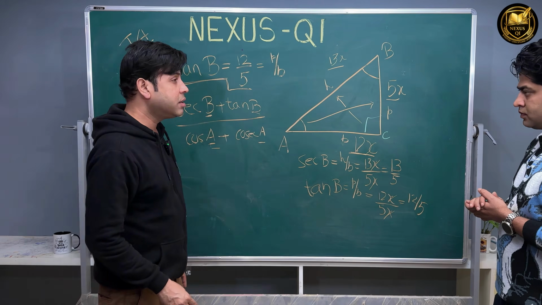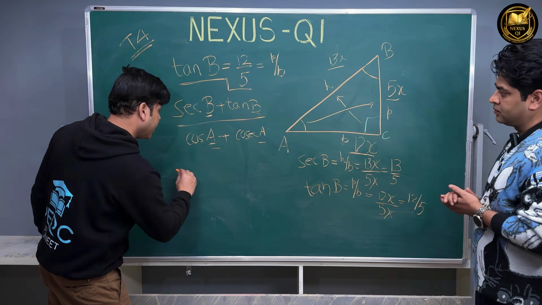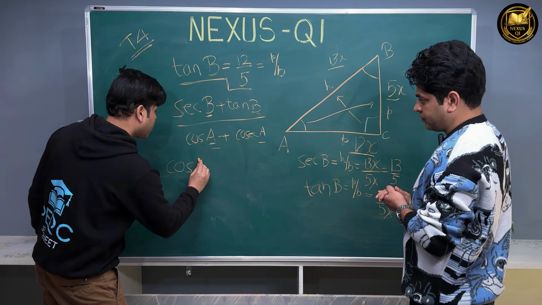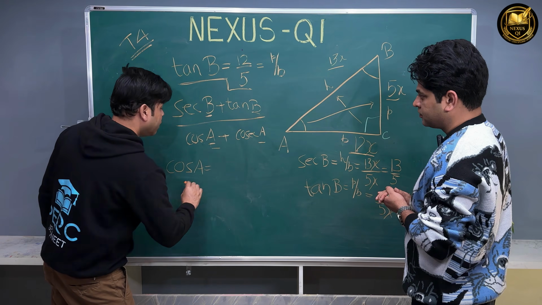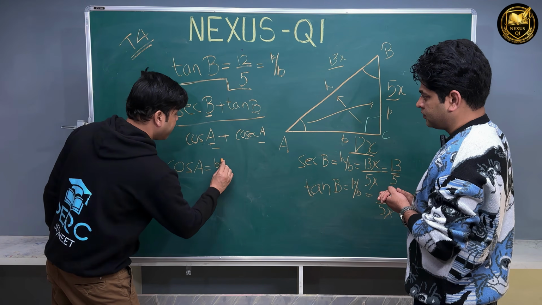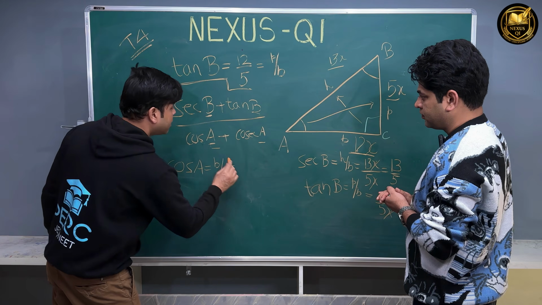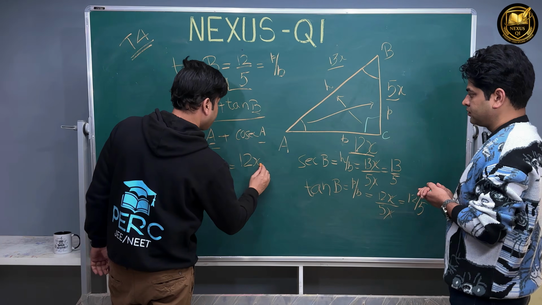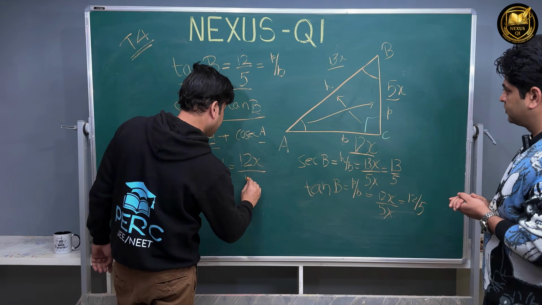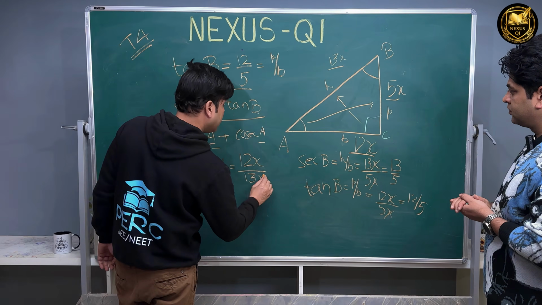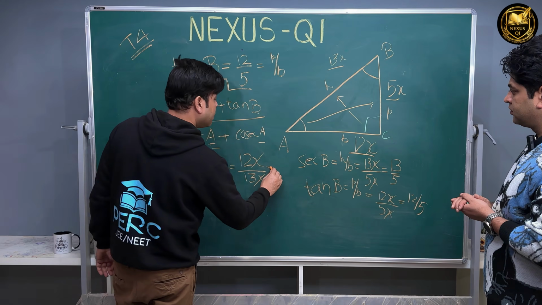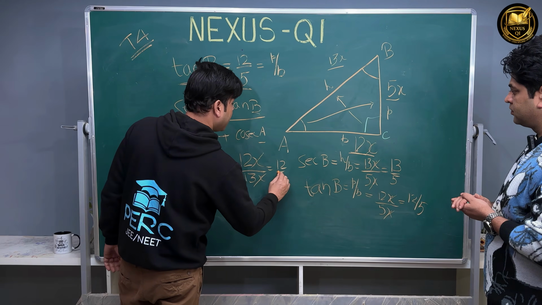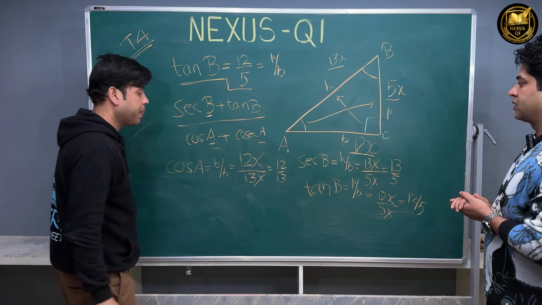Now we have all the three sides. First is cos of angle A. Cos of any angle is the ratio of base by hypotenuse. Base is here 12x and hypotenuse is 13x. X cancelled, so this becomes 12 by 13.